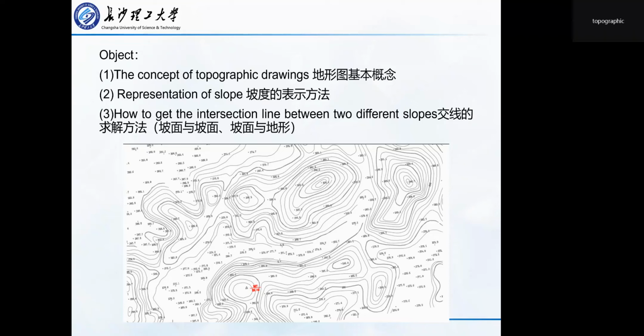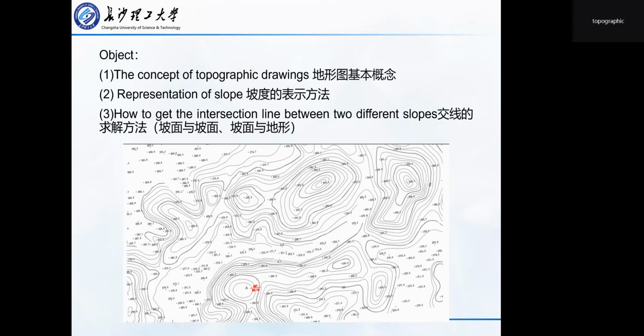And we don't have to draw it by hand, because this is for the irregular ground, irregular shape. But as for some regular shapes, for example, the plane or the cone, we have to draw it by hand, with your pencil, your ruler and compass.